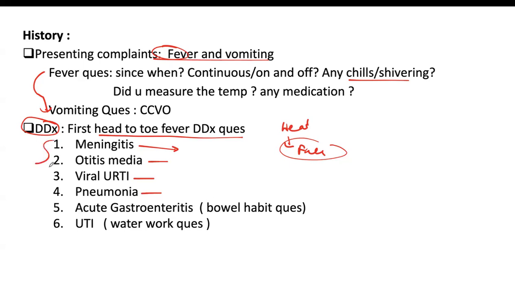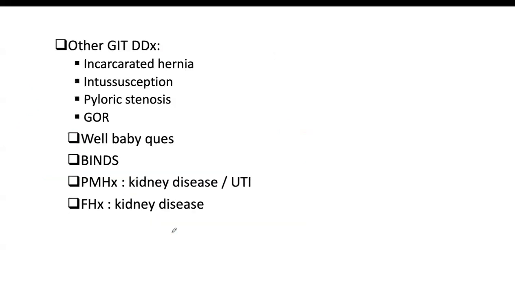After you have asked these questions, then you can go to the GIT causes. You can start with bowel questions and then water work questions, just like how we have done, and then finish with other GIT causes, which is hernia, intussusception, and others.